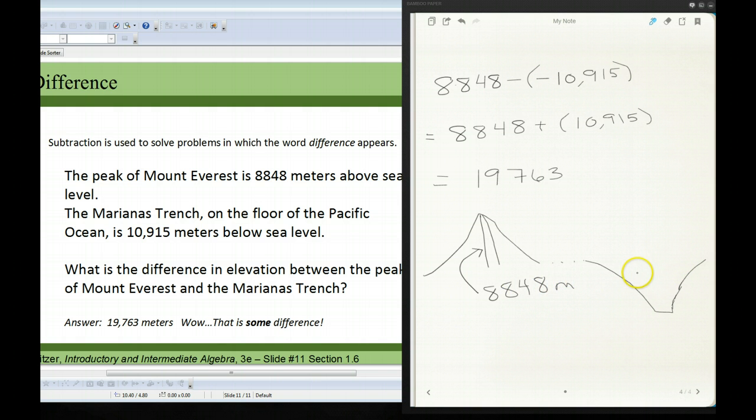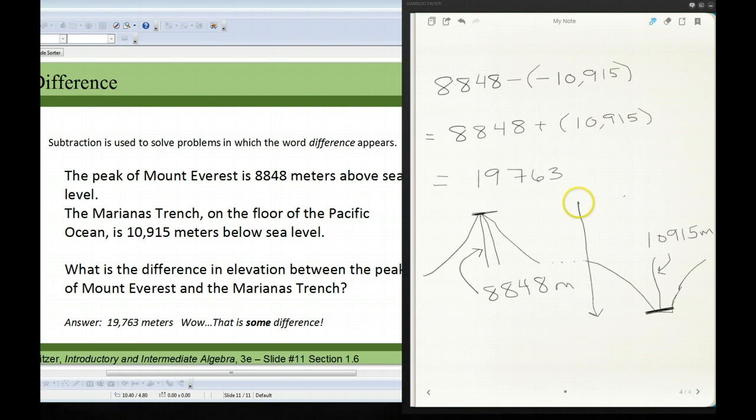And then we know that the depth of the Marianas Trench right here, pretend that's a straight line, is 10,915 meters. And our question is, what is the difference between the height of Everest and the depth of the trench, really? Isn't that technically what we're looking for, the length going from this height all the way down to here?